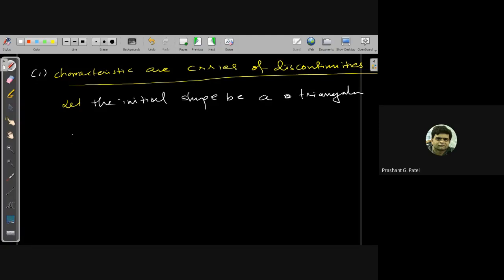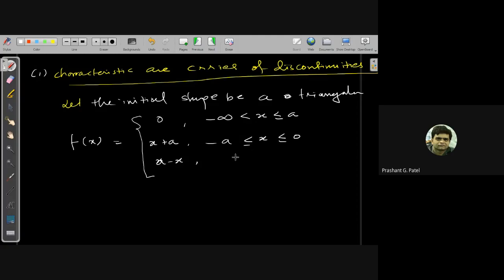that is given by the equation f of x is equal to 0 if the value of x is between minus infinity and minus a, x plus a if it is between minus a and 0, a minus x if it is between 0 and a, and 0 otherwise, that means from a to infinity.